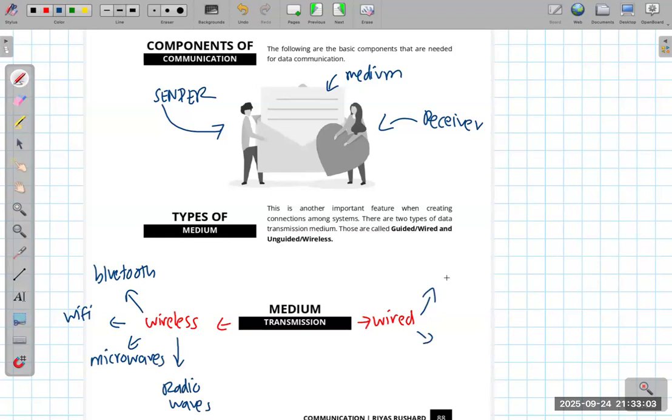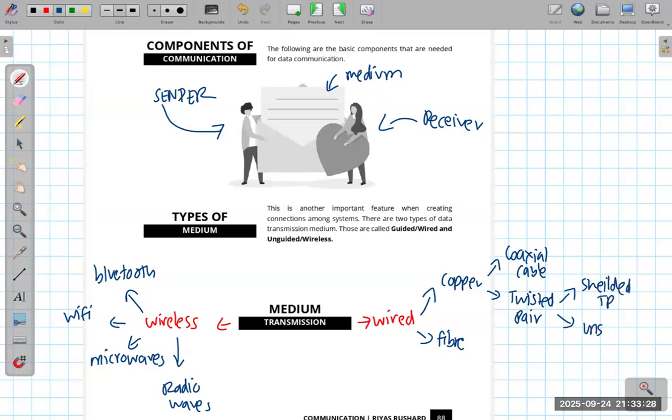Wired, we have two types of wires, copper wire and fiber cables. Copper cable, there are two types, coaxial cable and twisted pair cable. I'll show you these cables in a while. Twisted pair cable, there are two types, shielded twisted pair and unshielded twisted pair.